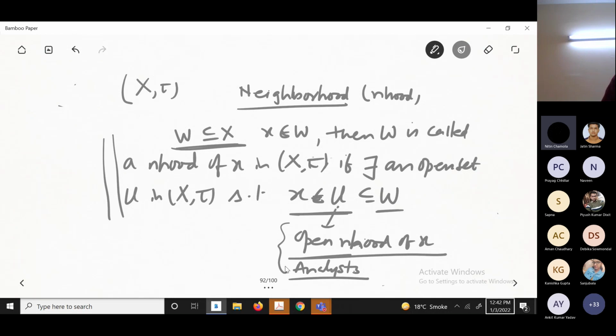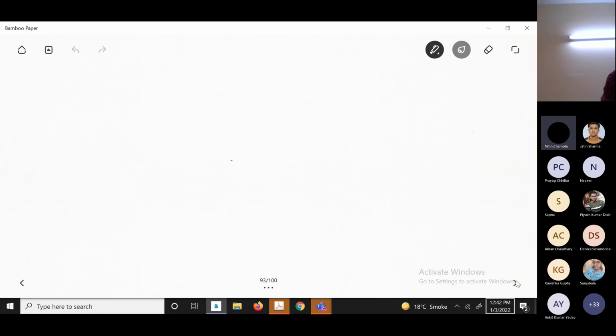That was Definition 3.5. Now I have started with topology, but I have not yet started with interior point and closure point.